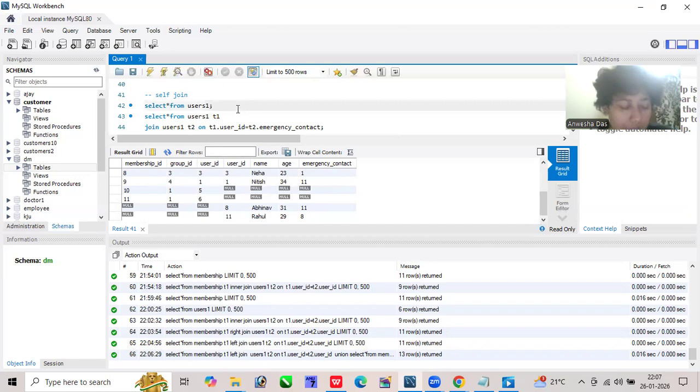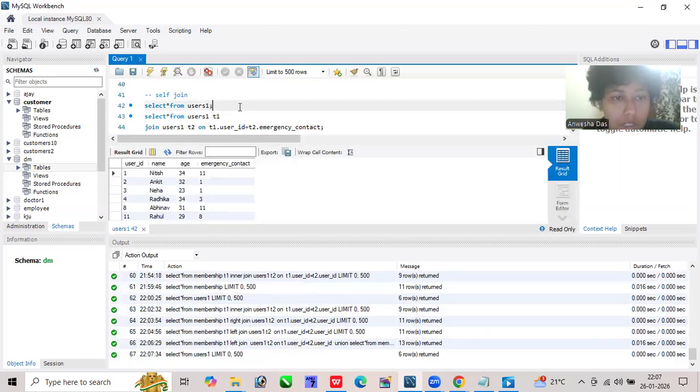Here, again, I am trying to run this particular command. Here, there is the user ID and the contact number. See, guys, very carefully. Where the user ID is 1, the contact number is 11.